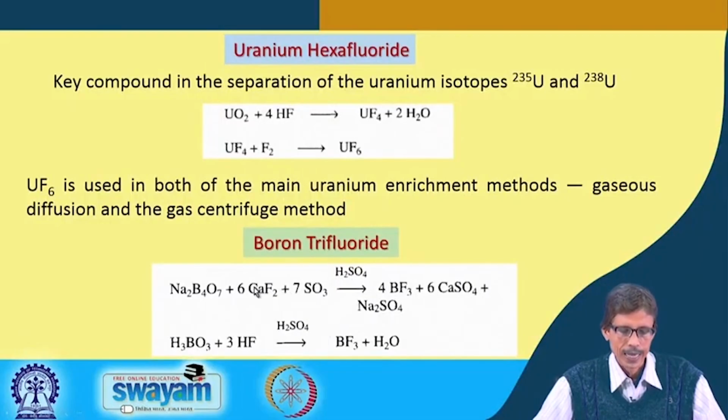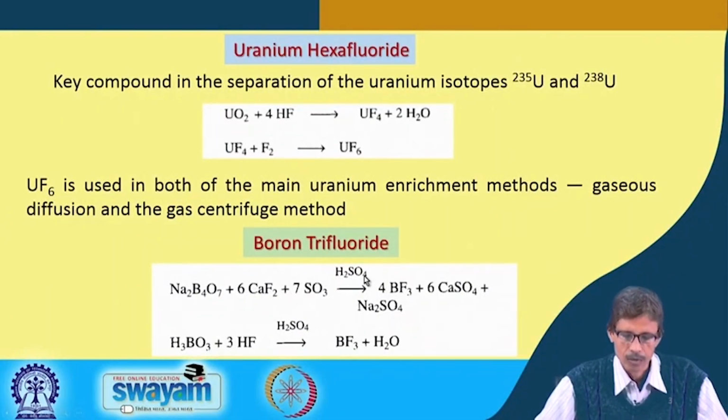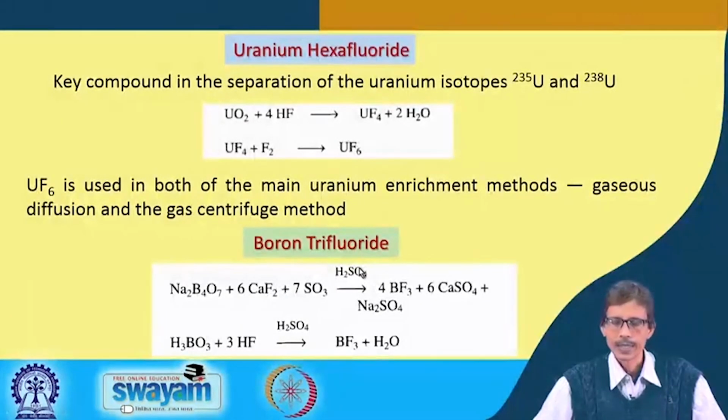So, calcium will take up the sulfate ion from sulfuric acid as well as from sulfur trioxide, because this sulfur trioxide is also available to trap the corresponding oxygen from the borax, and that oxygen will give you its conversion from sulfur trioxide to sulfate anion again.